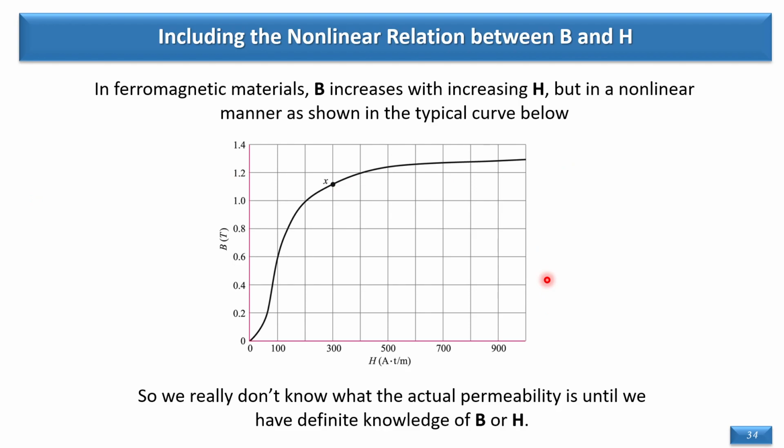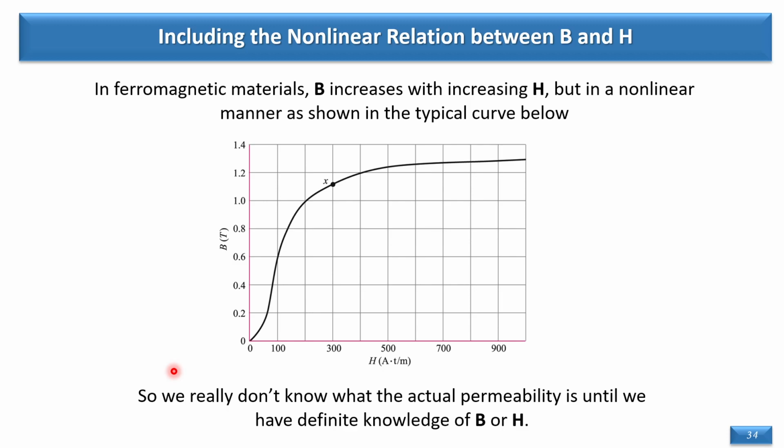When we are dealing with ferromagnetic material, solving this problem is not easy. Why? Because we don't know the operating point. If we know B, we don't know H, because we don't know what part of the curve we are at and what the history is.